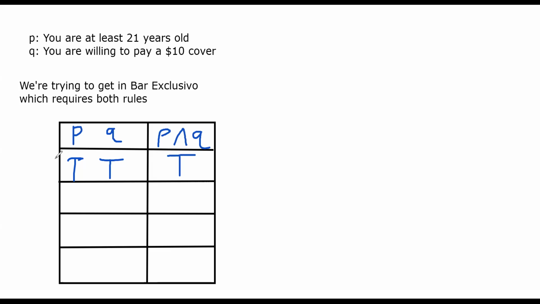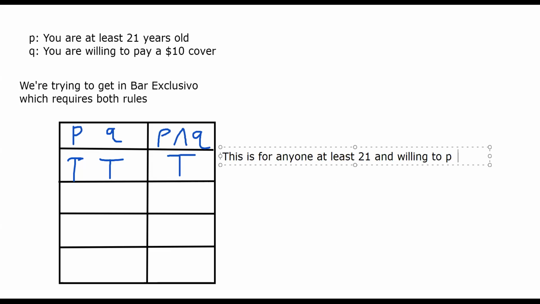So this line right here represents someone who is at least 21 and is willing to pay the $10 cover. I'll even put that here. And willing to pay a $10 cover. That's what the first line represents here.